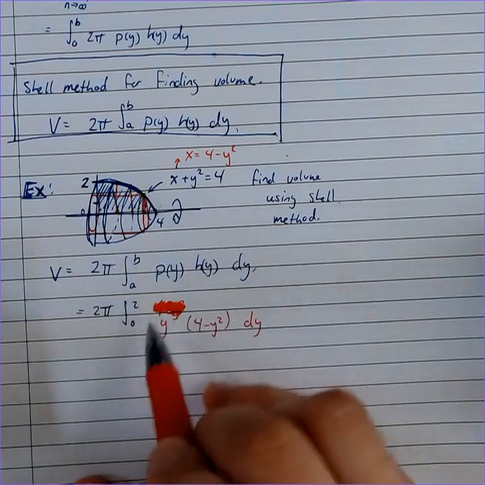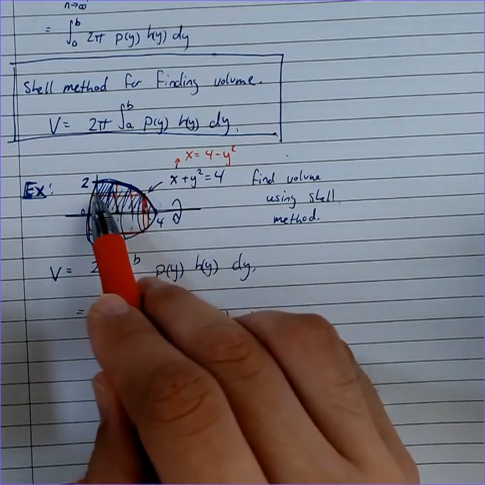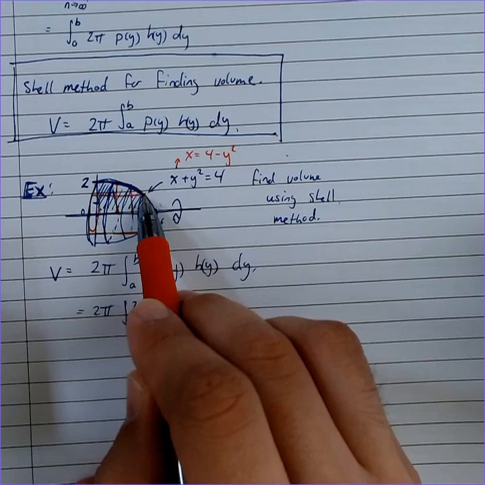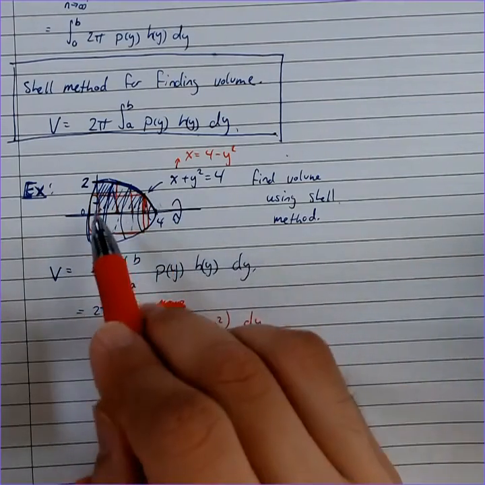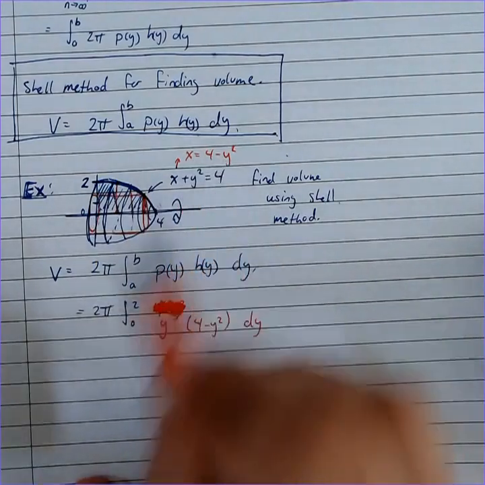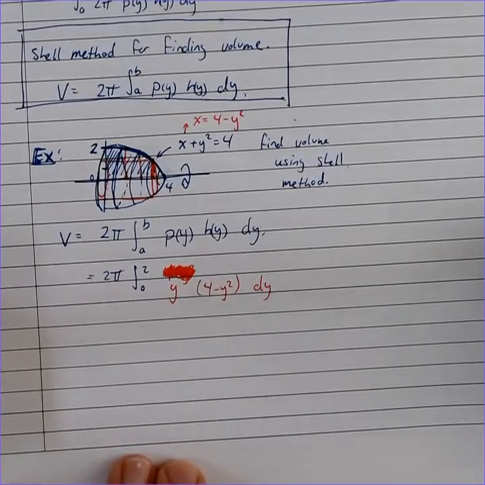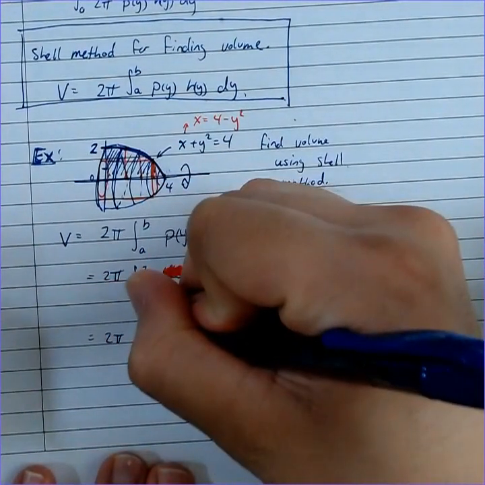Well, that's just the y variable. But now, from the y-axis, I want to report how far I moved across to get to this point. Oh, well, that's the x variable. All right, but I need to use the y variable to describe that. Oh, so using this equation, x equals 4 minus y squared. And now once we have that, the rest of the problem is just a straightforward computation.